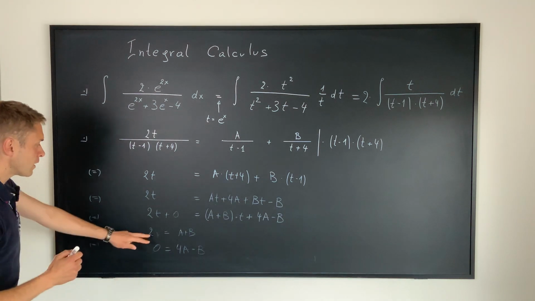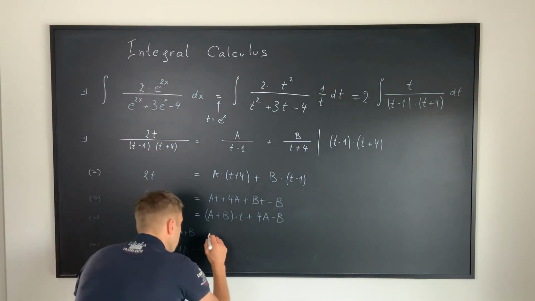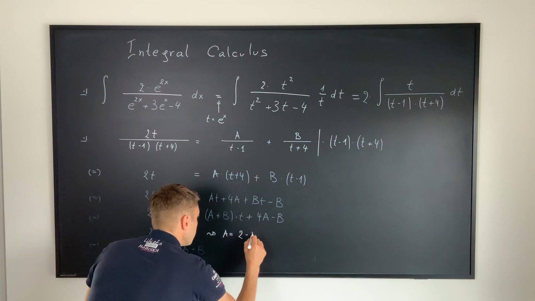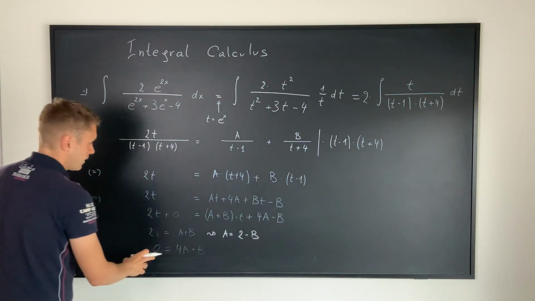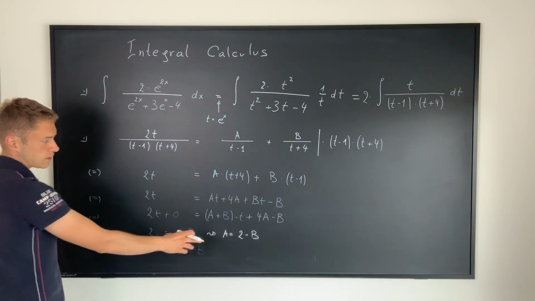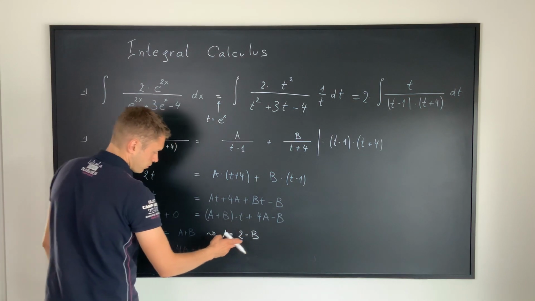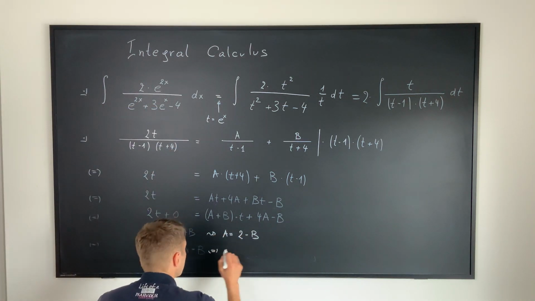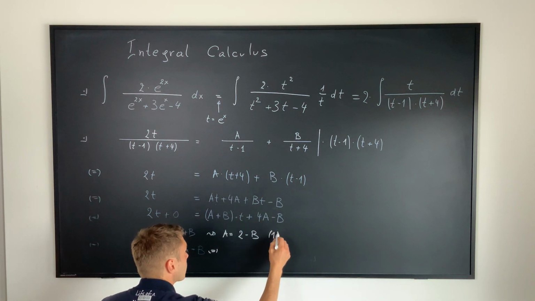Okay. So from this expression, we can say that a equals 2 minus b. And then we substitute this expression into the second equation, which we call 1 prime.